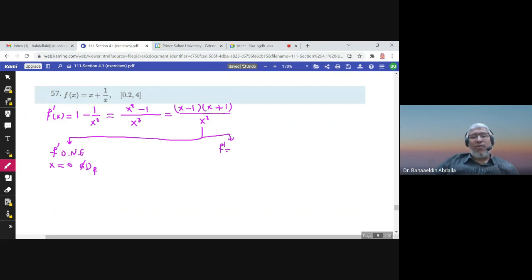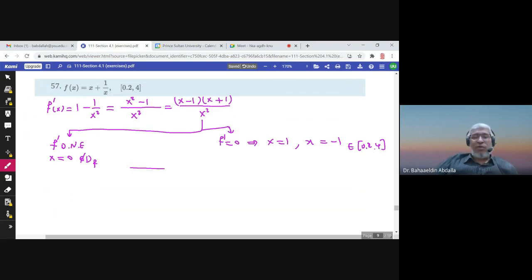And f prime is 0 when x is 1 and x is negative 1. Well, 1 and negative 1 are in the domain of f, so they are critical numbers. But negative 1 does not belong to the interval from 0.2 to 4. So I'm not going to take it into consideration when I make my table. It's a critical number, but it is not inside this interval.